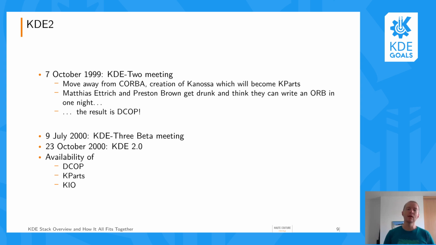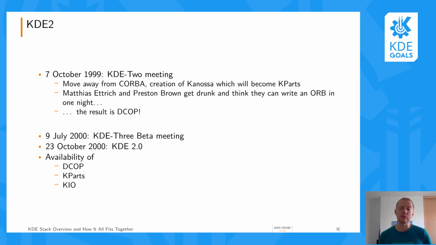So they created something that they called Canosa, and they changed the name fairly quickly, and that's actually what would become KParts. And during that same meeting, Matthias Ettrich and Preston Brown got drunk together, and they think that they can write an ORB in one night. That's a very important part of what was Corba.